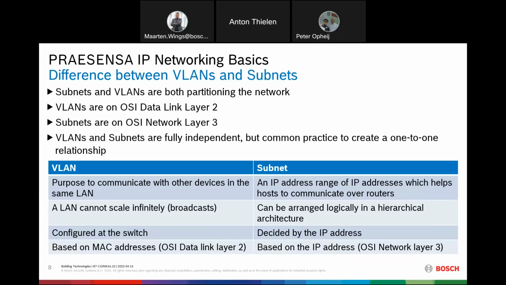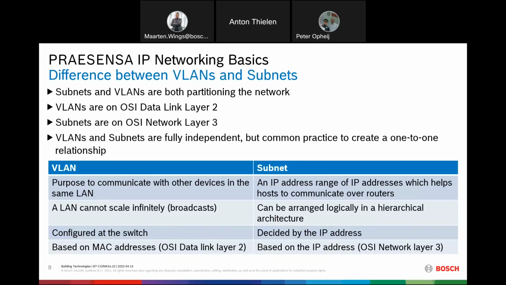So it doesn't scale that well. Yeah, and in a subnet you can logically arrange a hierarchical architecture with that. So then you do not have everywhere that all the broadcasts will reach all the other devices. That's where we say these routers are really separators there.